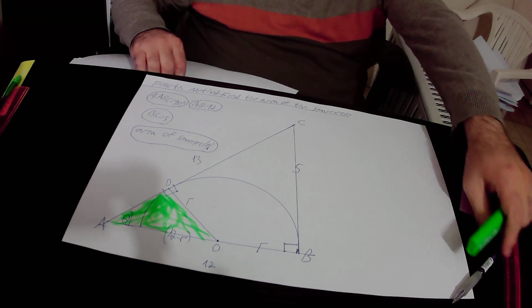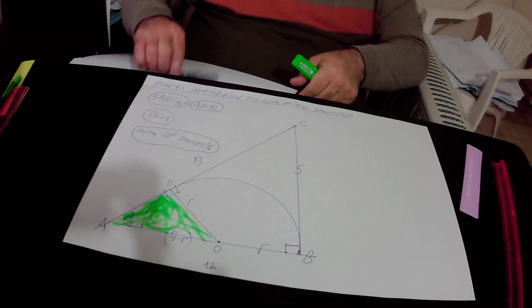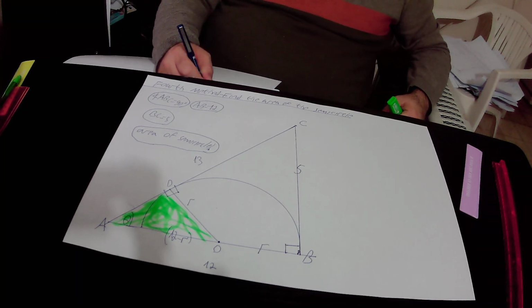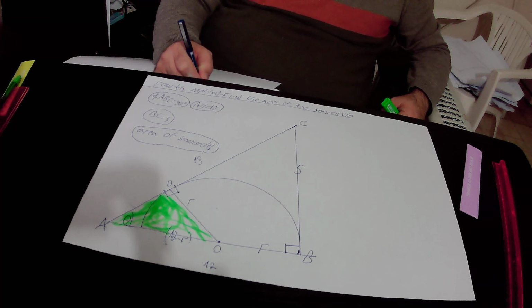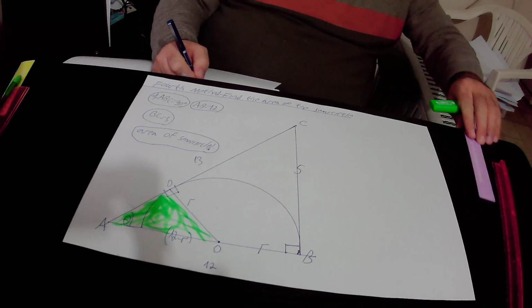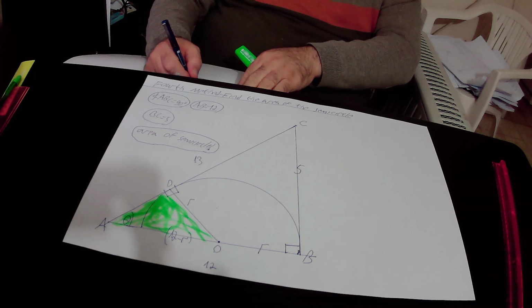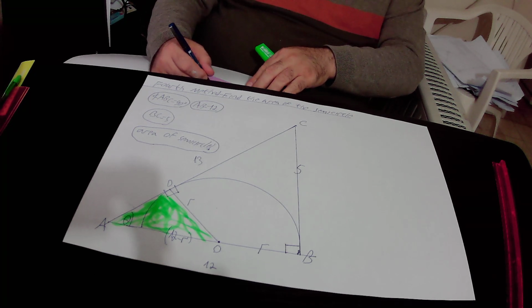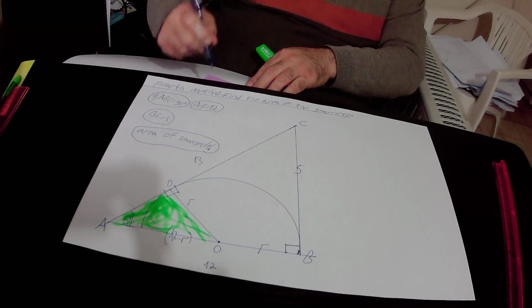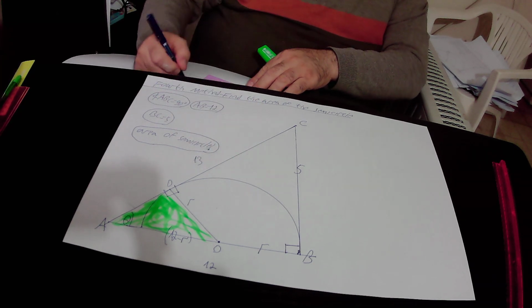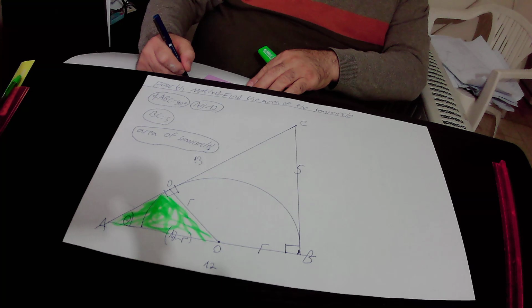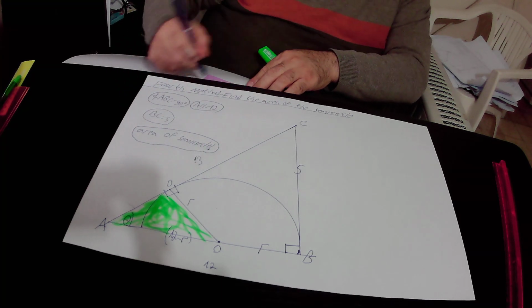You can see that in the green right triangle, triangle ADO, sine theta equals DO over AO.